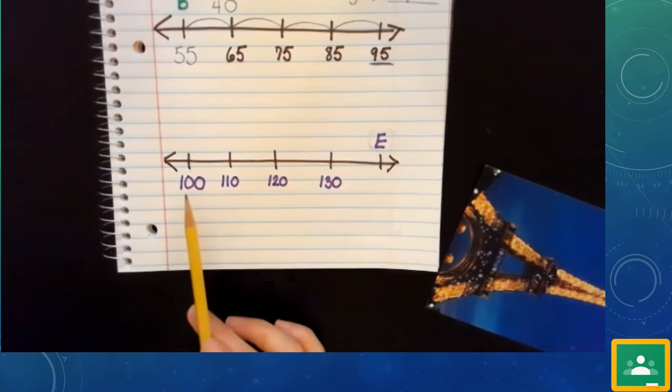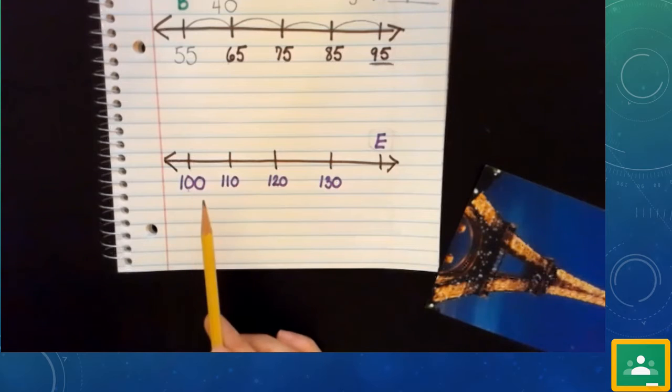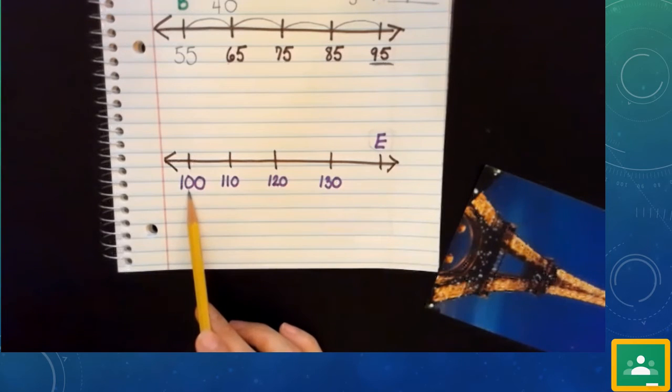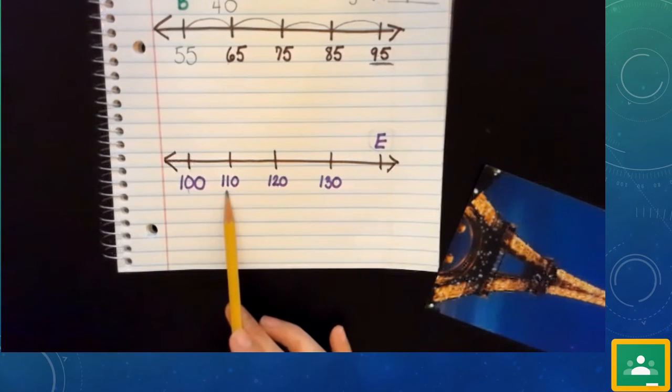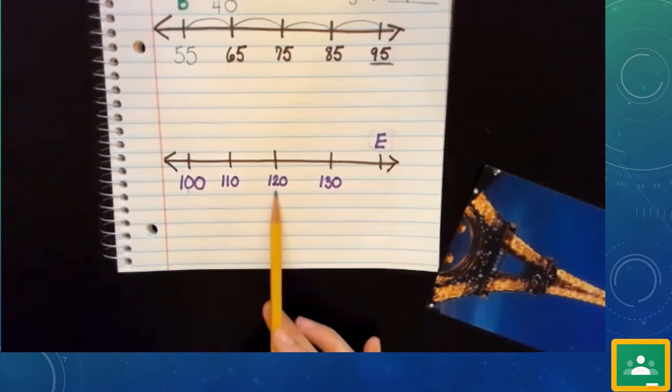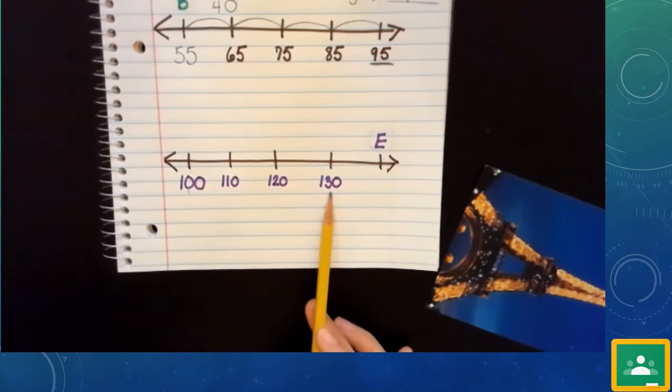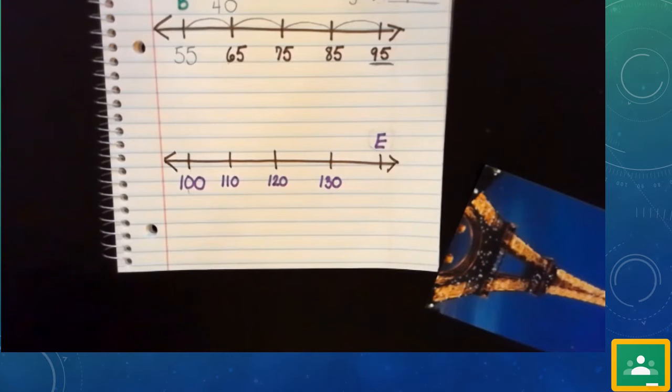So how do I figure out E? Well, use the information that you see. When you're looking at 100, 110, 120, 130, what pattern do you notice? How are these numbers changing? They are increasing.